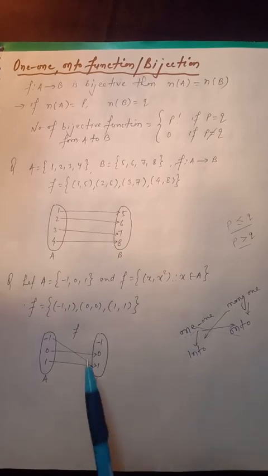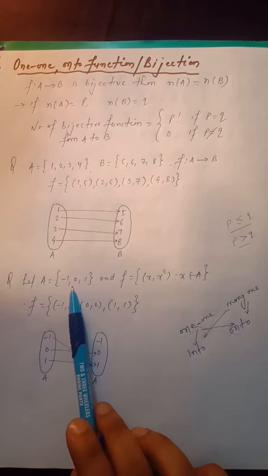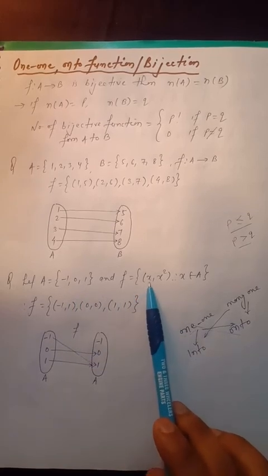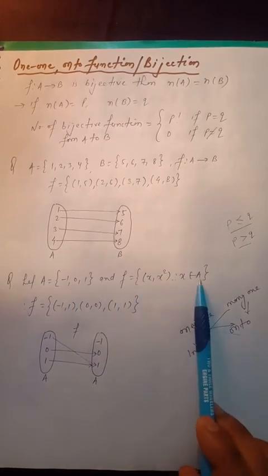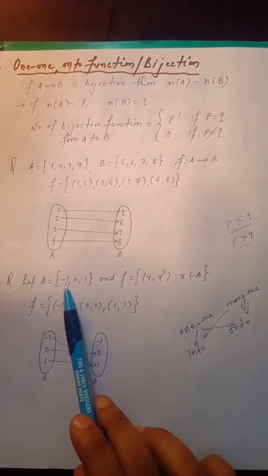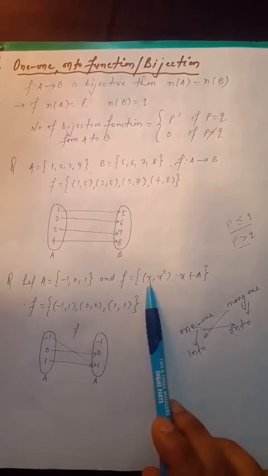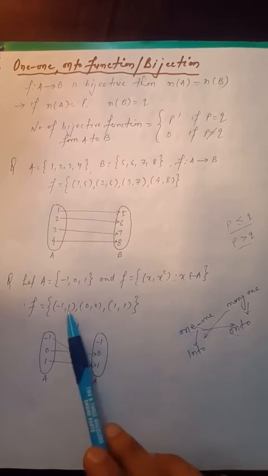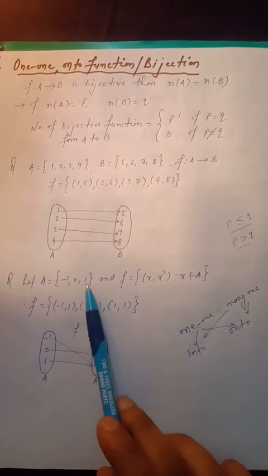But in this case, when set A is given and a function is defined as (x, x square) where x belongs to A, take one by one: take minus 1, so this is (minus 1, 1), (0, 0) and (1, 1).